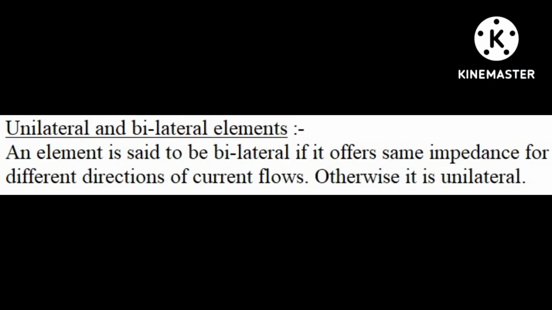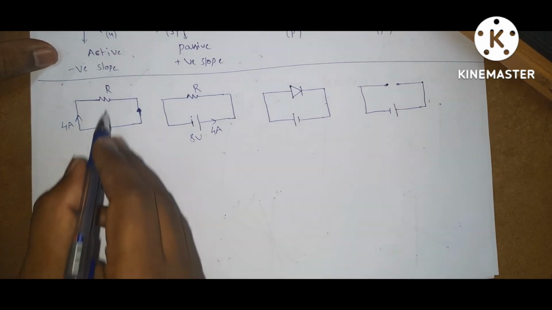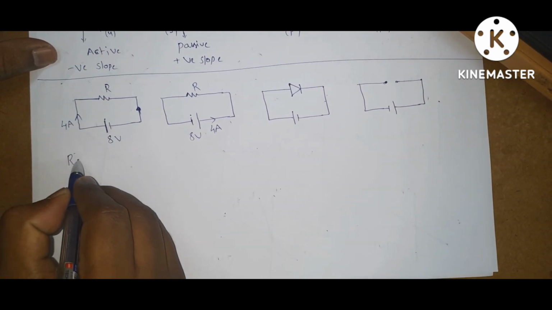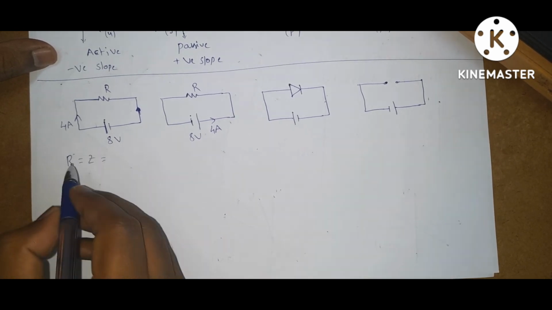Next type of elements are unilateral and bilateral elements. The definition is: an element is said to be bilateral if it offers the same impedance for different directions of current flow. Otherwise it is a unilateral element. Now consider these circuits. Here, what is the resistance value? You can take resistance as impedance in case of DC.